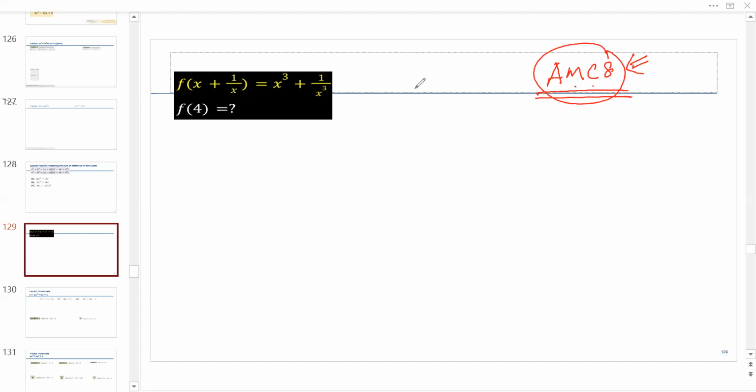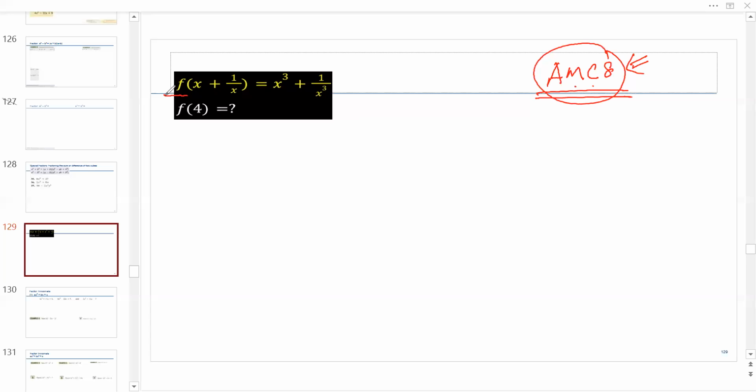I don't hear anyone say yes. Okay, it's fine. So this one is interesting. Here is a question from AMC 8. I thought it's so close to what we are learning, so I just take it here for practice.